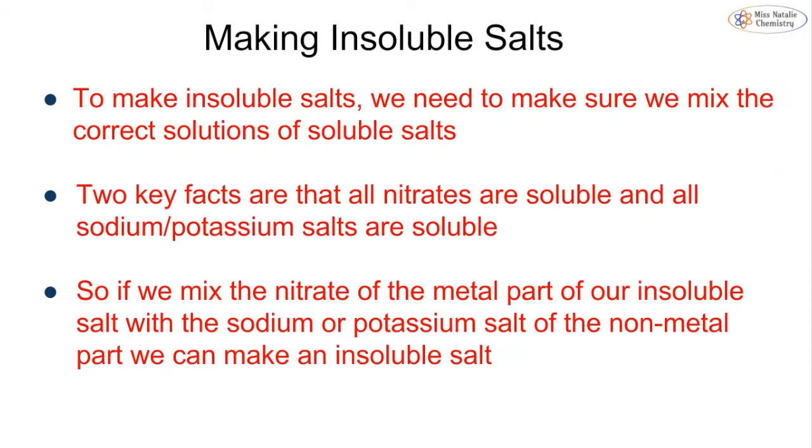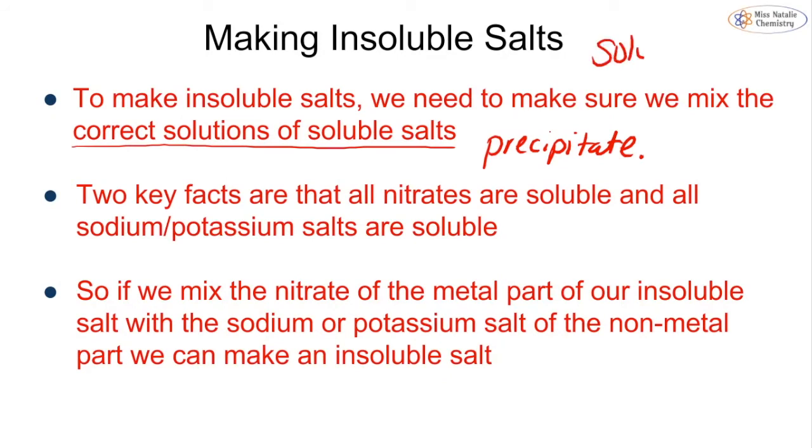Now, when we're making insoluble salts, we need to make sure that we mix the correct solutions of soluble salts, because we need to ensure that the substance that we're going to get is going to be a precipitate. So we need to be confident in using our solubility table. And we will look at the solubility table in just a few minutes.